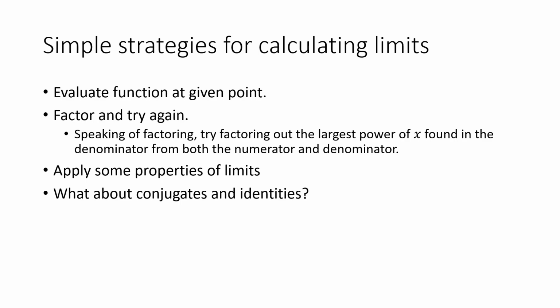I'll talk in an example about why the denominator is the one often used. You can apply some of the properties of limits either explicitly or implicitly, depending on how the question is set up. And you can use other identities or conjugates, like with square roots, multiplying in order to just change the way the expression looks, even if you're not changing actually what the values are.